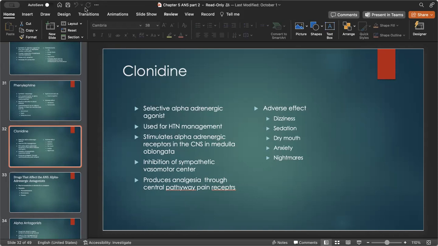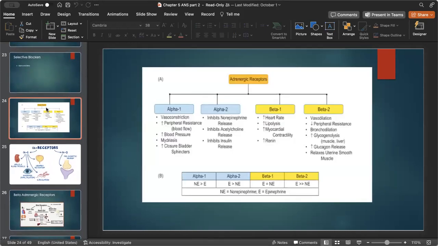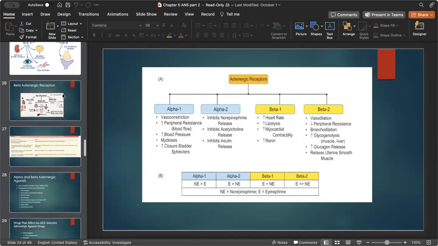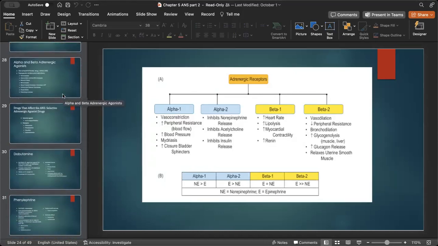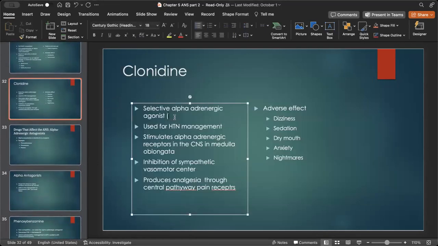I apologize. I know I said we don't really talk much about alpha 2, but this works on alpha 2, because if you go back into the signs and symptoms of the adrenergic receptors on slide 24, it inhibits norepinephrine. So if it inhibits norepinephrine, it does not allow for that sympathetic stimulation. I think it would be good to write alpha 2.